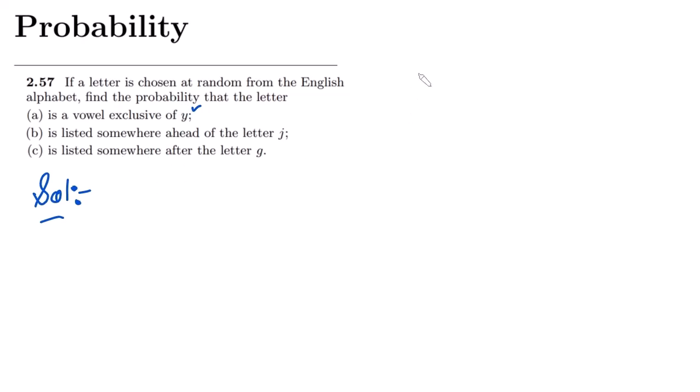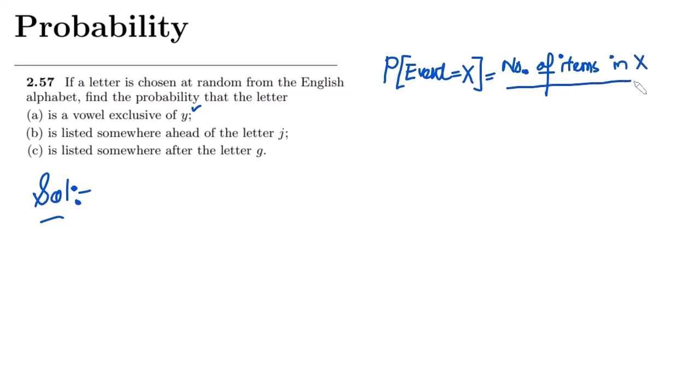In order to find the probability of, let's say, event X, I have to write the number of items in X divided by the total number of items which are basically in the sample space.